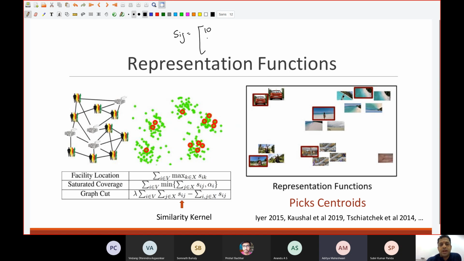But some points may be very less similar to each other. The diagonal will of course be high. You have seen kernels, SVMs and all, right? So it's a similarity kernel, diagonally dominant.